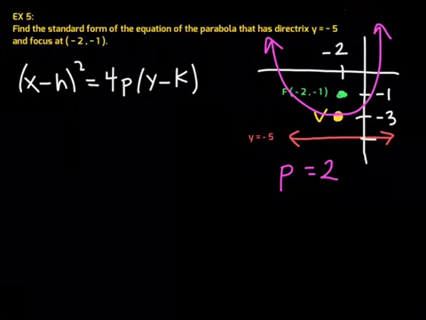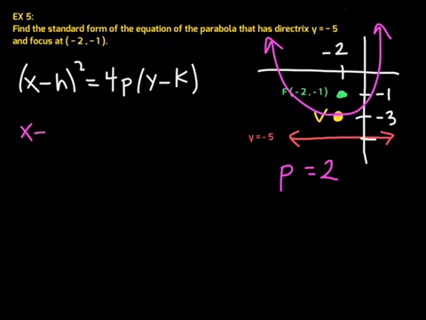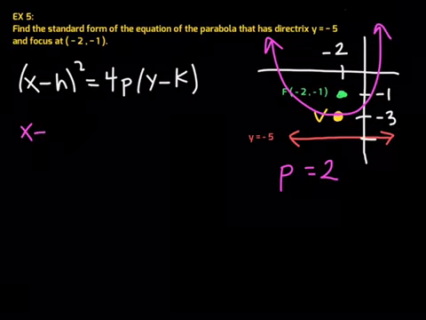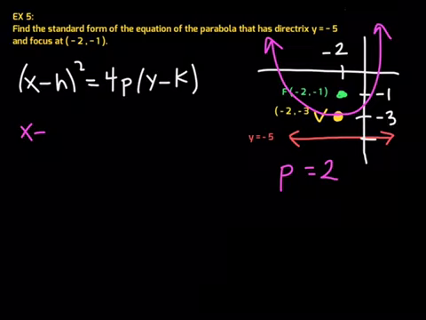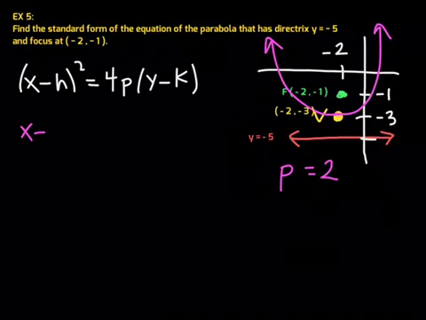Let me label the coordinates for the vertex. I think I said it out loud, but I don't think I actually wrote it. So, (-2, -3). Then your h value is -2.